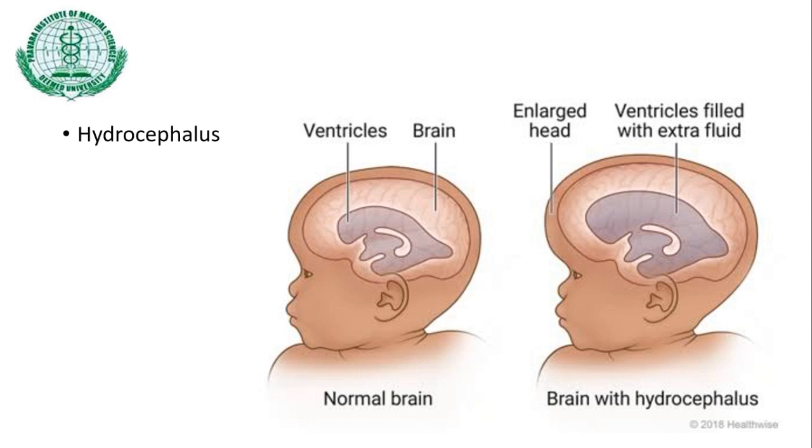In the obstructive type of hydrocephalus, there is a block in the openings of the ventricle. It might be at the cerebral aqueduct, the interventricular foramina, or the openings of the fourth ventricle.